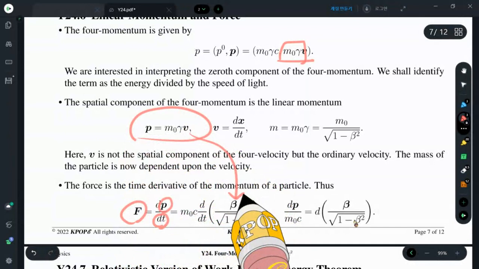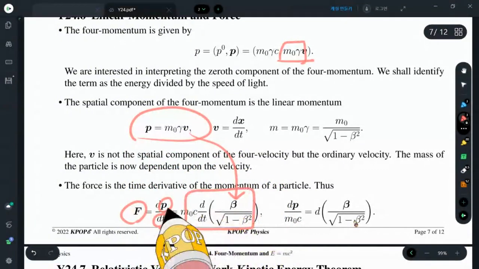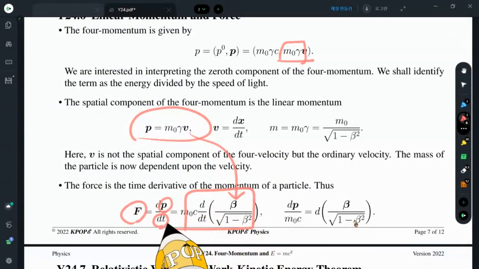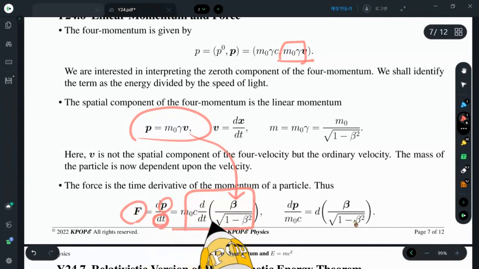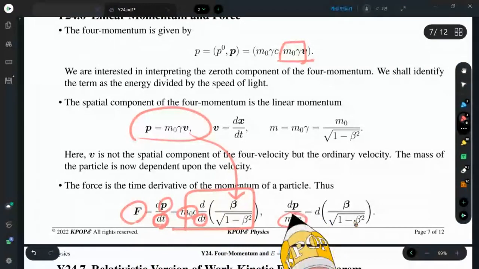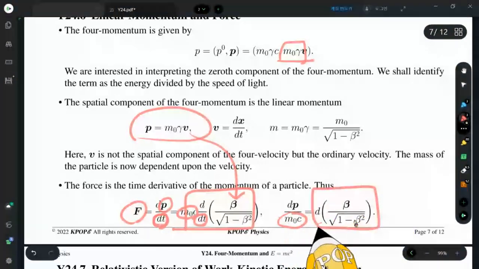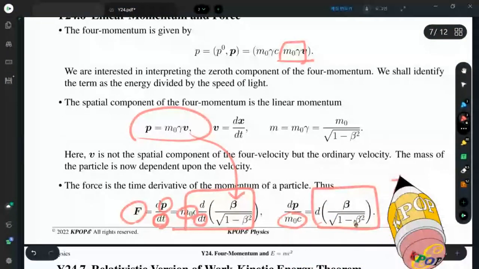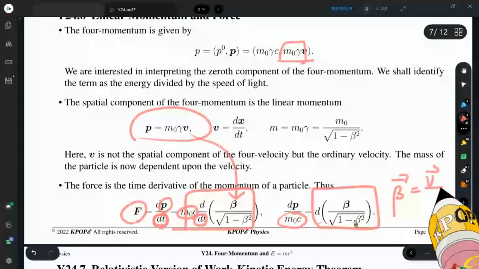We substitute this in here to find that the time derivative of the spatial component of the four momentum is like that. If I rewrite this one, multiply both sides by dt, then because this one is a constant, dp over m0 c is the total differential of beta, where beta equals v over c.